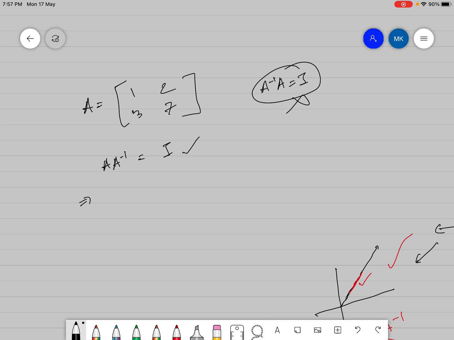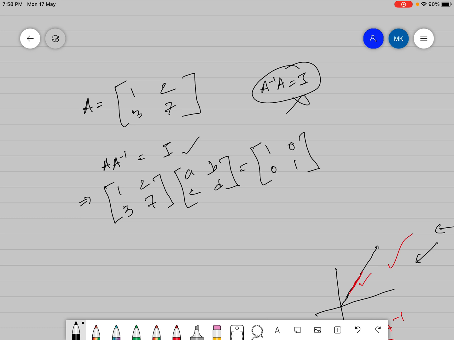So I have this matrix 1 2 3 7. I have its inverse A B C D, and by multiplying these two I get the identity matrix.